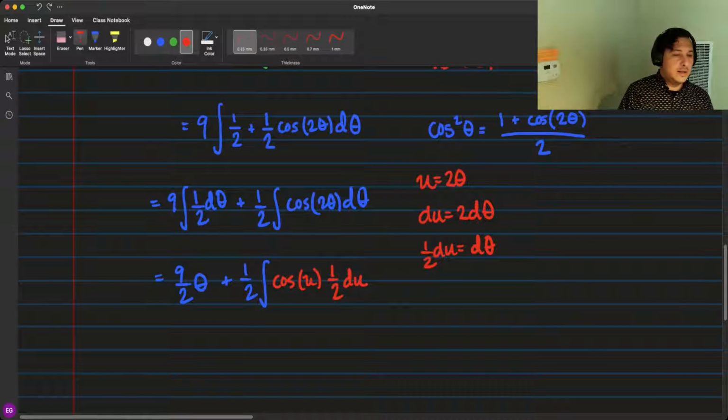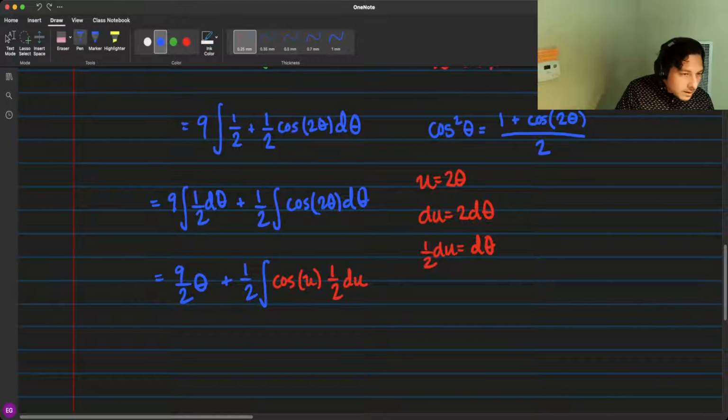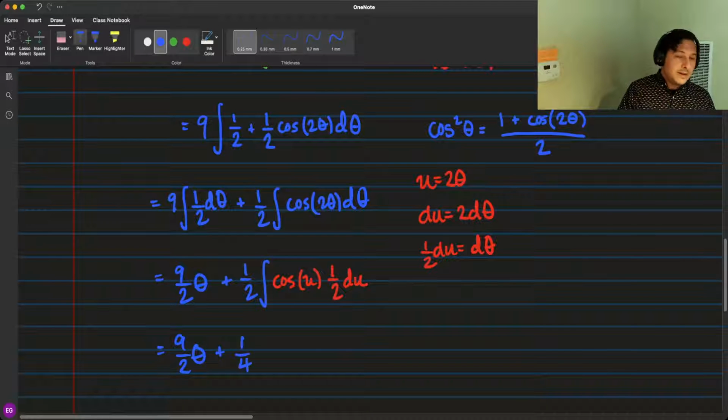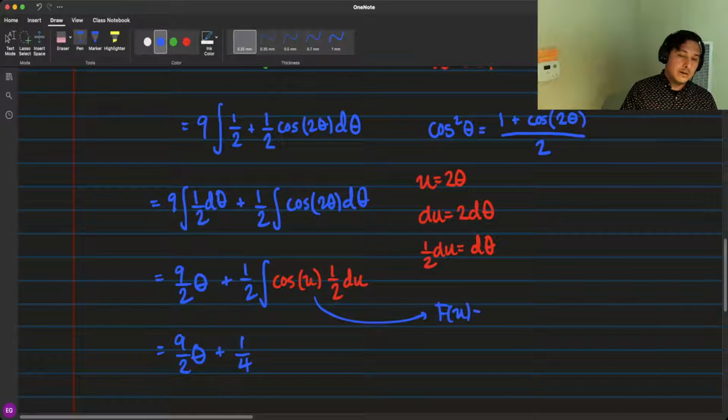Now you can integrate that. You get 9/2 theta plus, the 1/2 will come out, you'll get a 1/4. And then what's the antiderivative of cosine u? It's sine u.